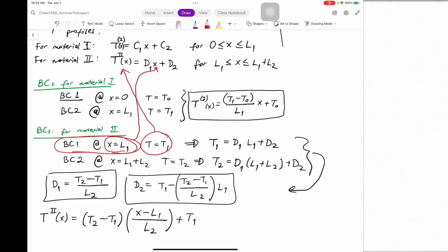So if you plug in T is equal to T1 here, you get this one on the left-hand side. On the right-hand side, you have this D1 times the x being plugged as L1, correct? Yes.